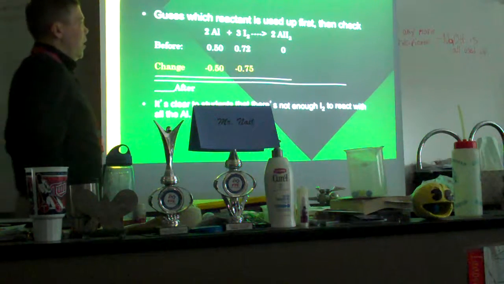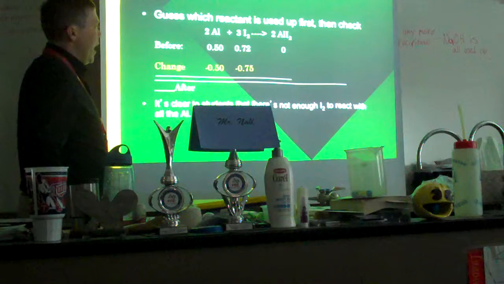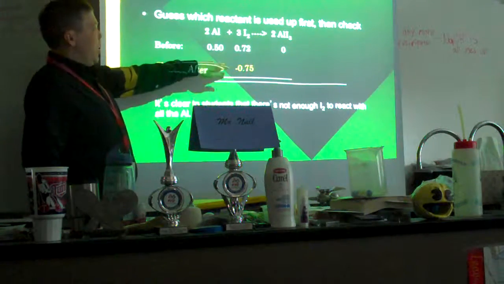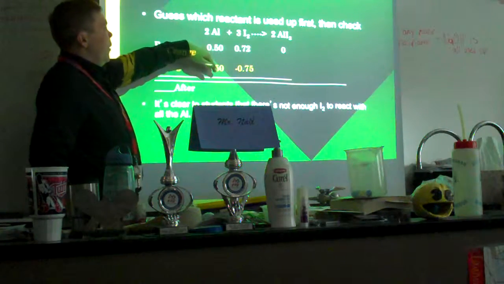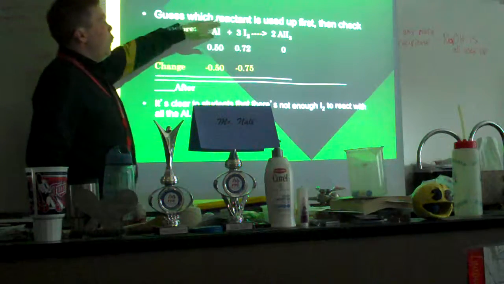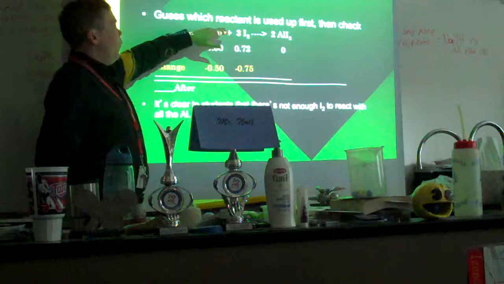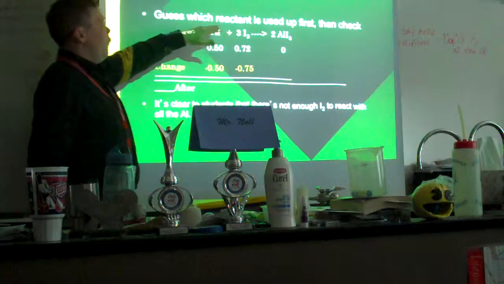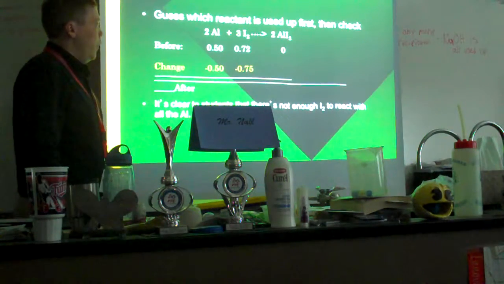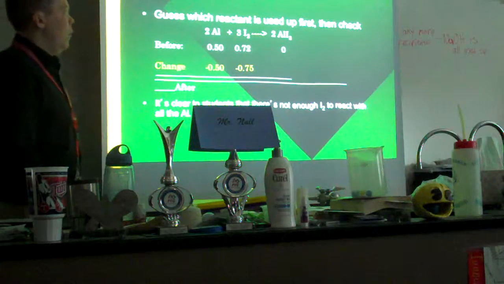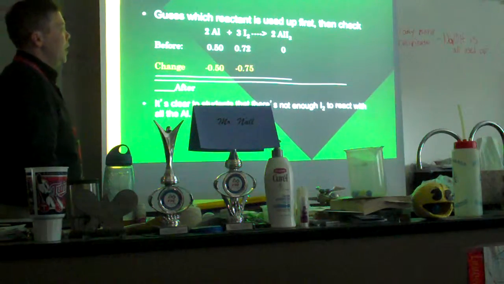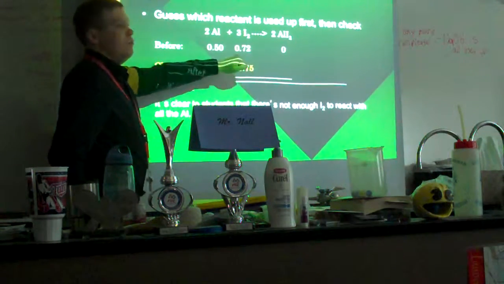If aluminum was the limiting reactant, then they took 0.5 moles of aluminum times 3 over 2, because that's the amount of iodine used for every aluminum: 3 iodines for every 2 aluminums. So they took 0.5 times 1.5, and they got 0.75.